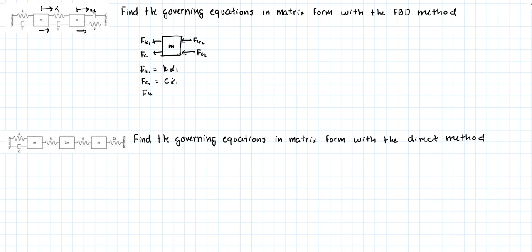Fk2 is equal to K times x1 minus x2. Fc2 is the same, but with velocities.